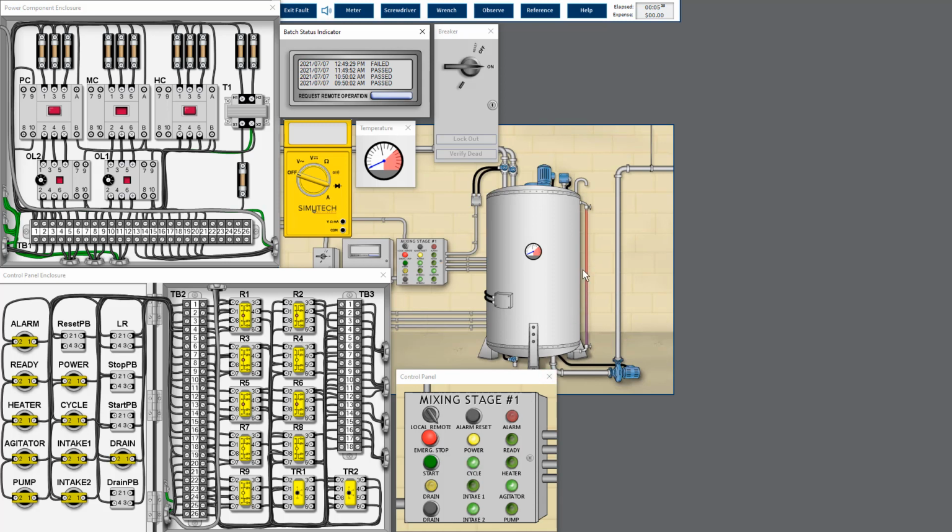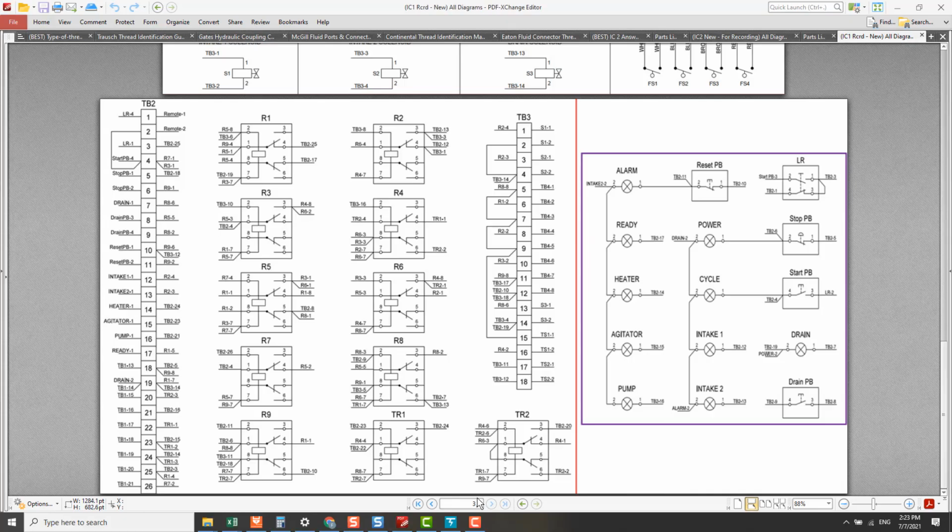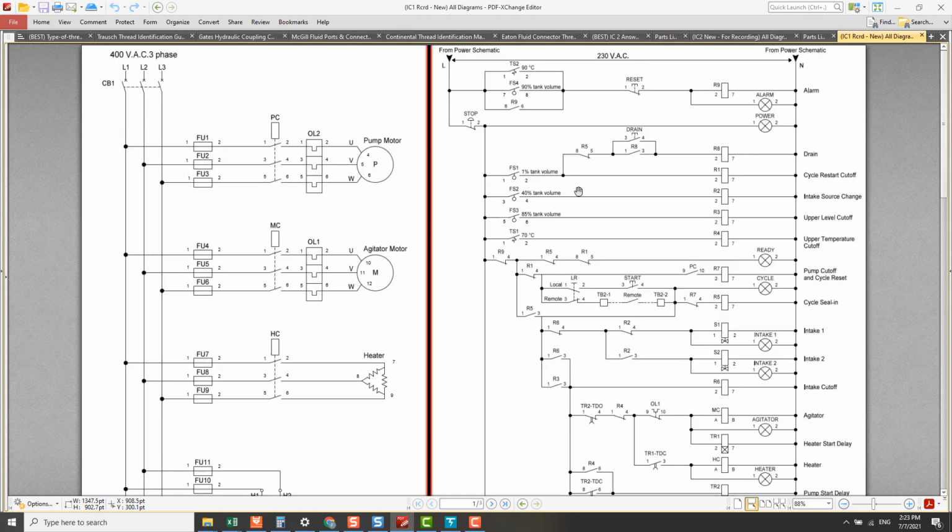Something is wrong here. First thing I observe is the alarm lighting did not turn on, and the intake 2 lighting should be off, but it is still turned on. By looking at the circuit, we know that when the water level reaches 90% and above, it will trigger the float switch 4 to close mechanically, and the AC current can flow through this path to energize the R9 relay coil and alarm lighting.